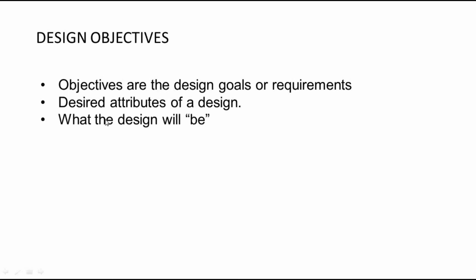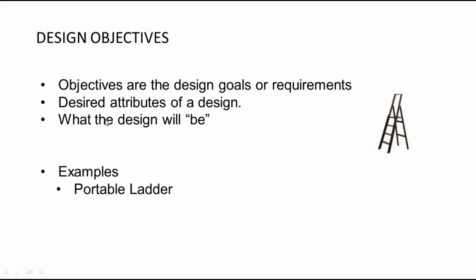So we are saying what the design will be, after the design, and that is the design objective. For example, consider the product, a portable ladder. It should be portable and it will be used for climbing purposes. That is the primary objective, the design goal or requirement.